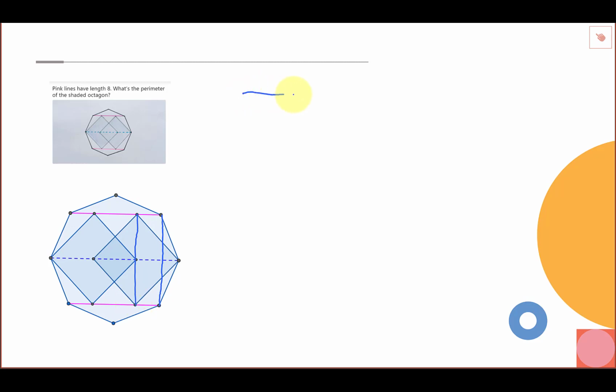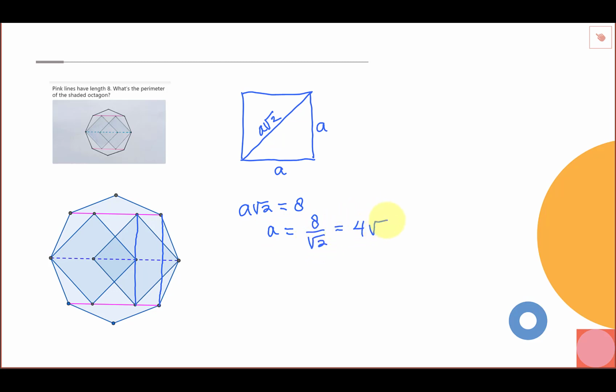Recall that if we have a square of side A, then its diagonal is A times square root of 2. So the diagonal, A times square root of 2, is equal to the length of the pink line, which is 8. Therefore, A is 8 over square root of 2, which is the same as 4 times square root of 2.